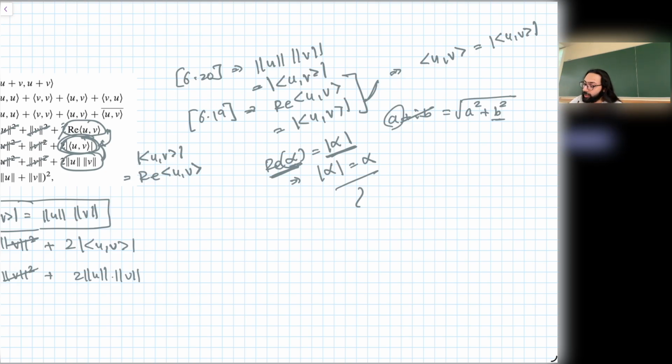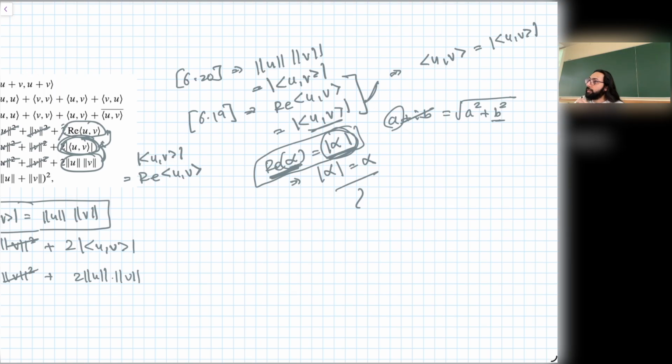So the inner product uv is what? It's a complex number, right? So when you write the modulus, it's the same as the way you define it for a complex number. No, but you have this equation, right? This equation is saying that the real part of alpha is a positive number. Right? This thing cannot be negative, right? So if this equation is true, this equation forces you.